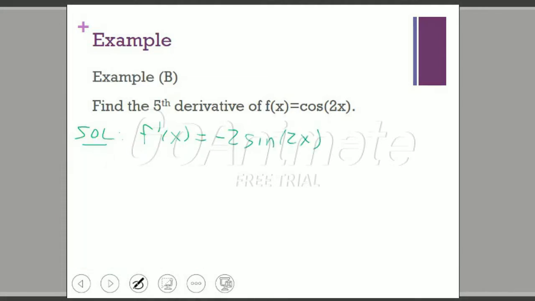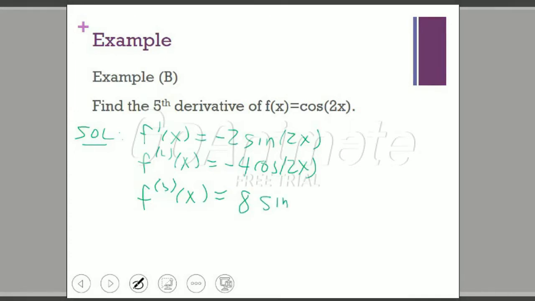And the second derivative: minus 2 times 2, it's minus 4 cos 2x, by chain rule again. The third derivative: derivative of cos is sine, and then you take 2 out, so it's 8 sine 2x.